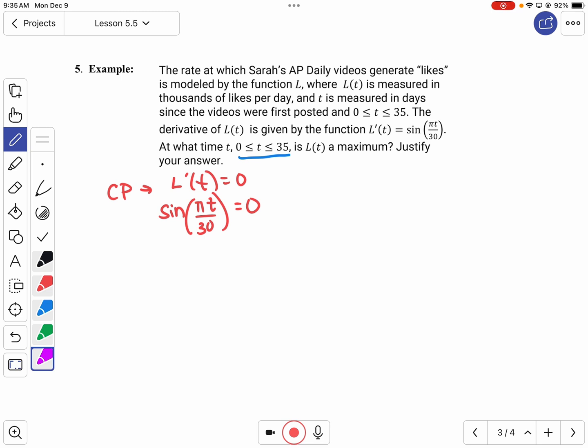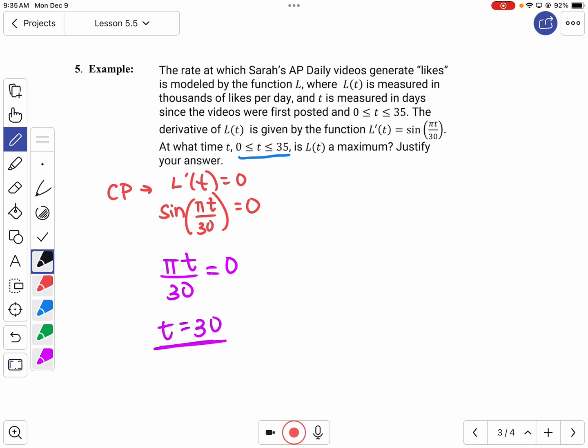If we're looking where sine is equal to 0, we're talking about where the inside stuff equals 0. What value would t have to be for it to equal pi? It'd have to be 30. t would have to equal 30. Is there any reason for me to try 2 pi or anything else? No, because t is between 0 and 35.